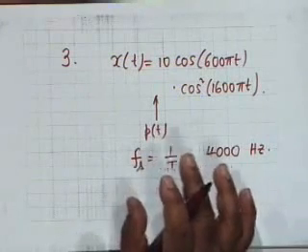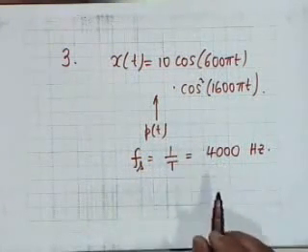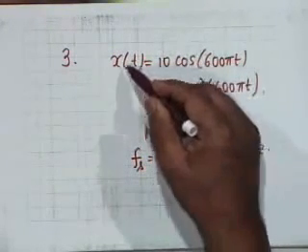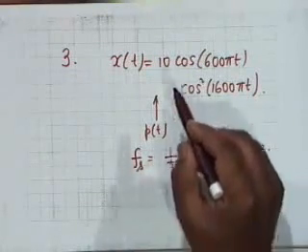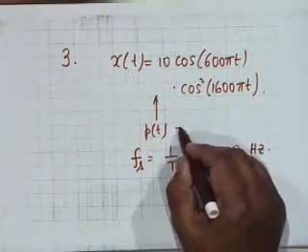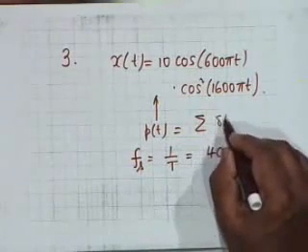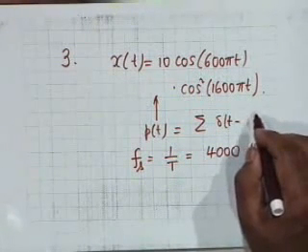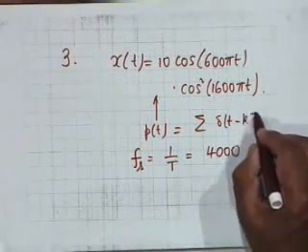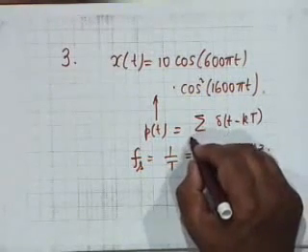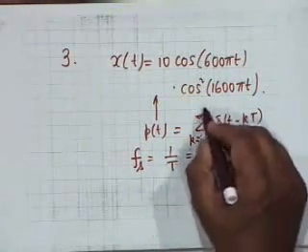But the question, let me state it again, the question is that this signal x of t is sampled by the usual impulse delta t minus kT, where k goes from minus infinity to plus infinity.